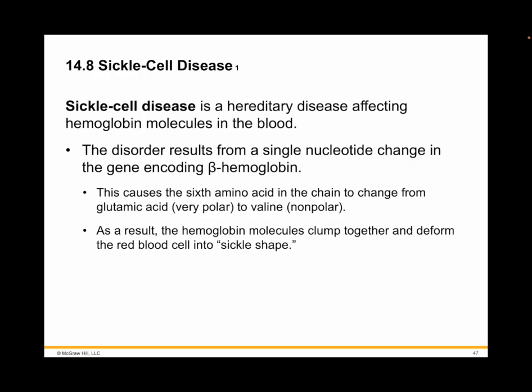The disorder is now known to have originated in Central Africa, where the frequency of the sickle cell allele is about 0.12. So 1 in 100 people is homozygous for the defective allele and develops the fatal disorder.